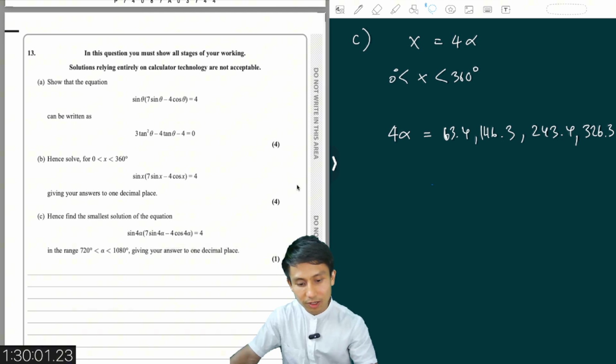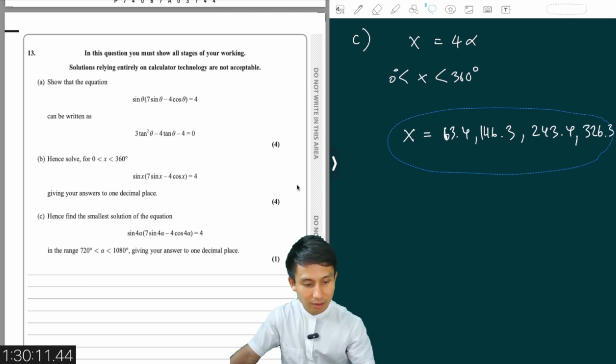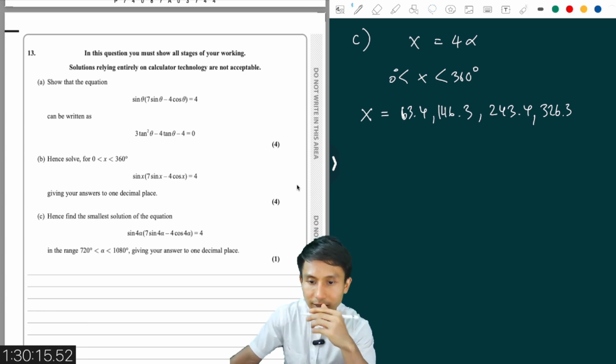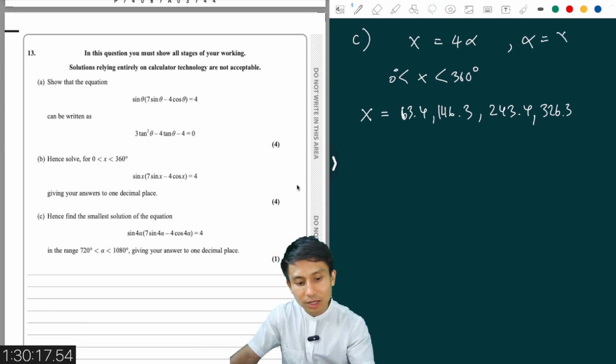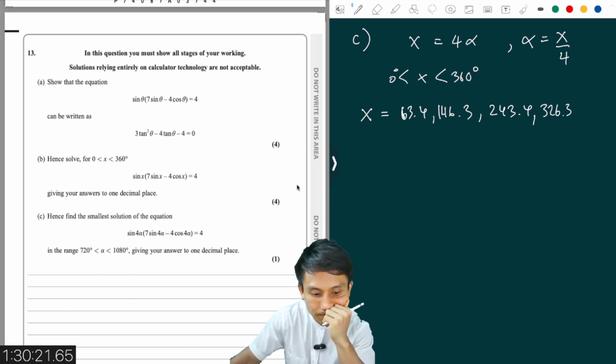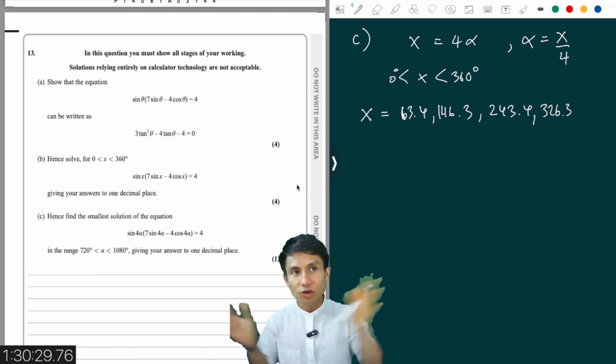Okay, so this is when x is in that range. Let me think. This is a bit tricky. But alpha is equal to x over 4, right? So we can think about this as a transformation. What you do there is shrinking.